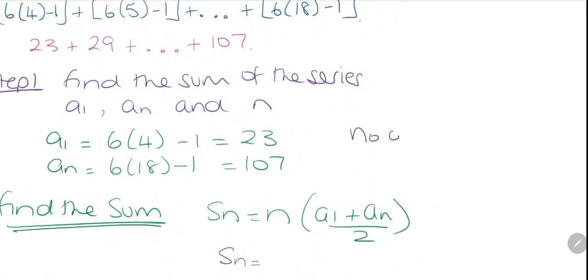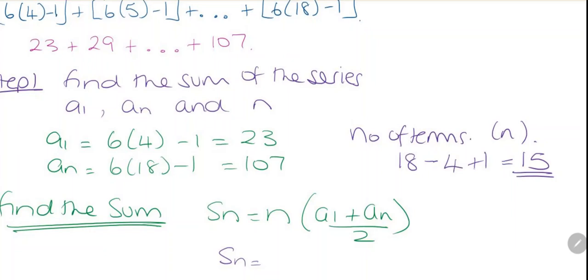So number of terms n, we have 18 minus 4, because k is 4, and then we need to add 1. So this is going to give us 15. So the number of terms in our sequence is 15.